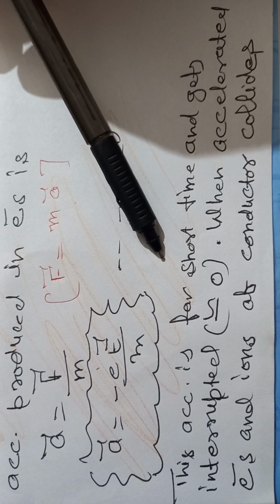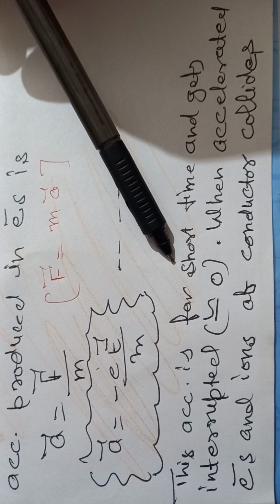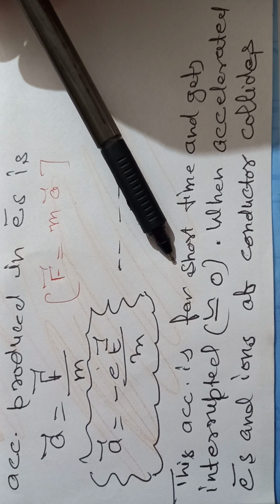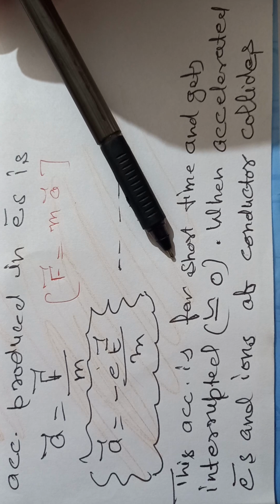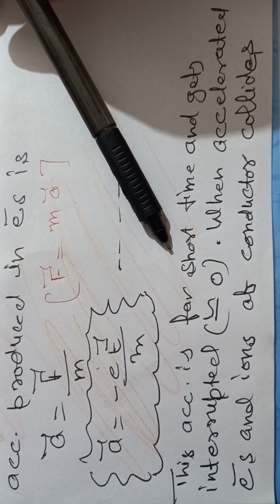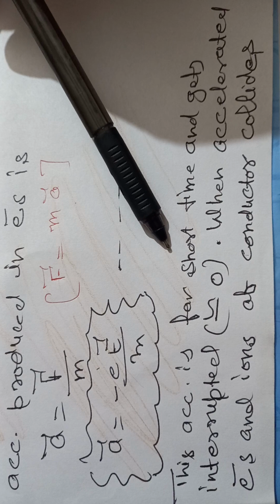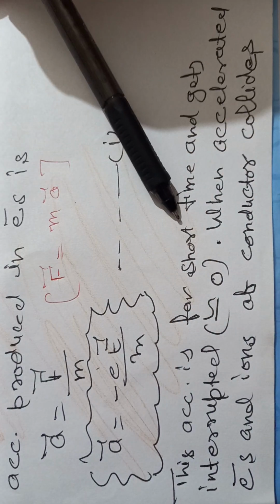When the electrons and ions collide, they lose their energy and relax for some time, meaning their velocity decreases, and that time for which they relax is known as relaxation time. And this is also the basic cause of resistance.